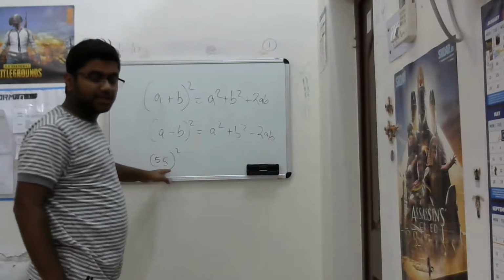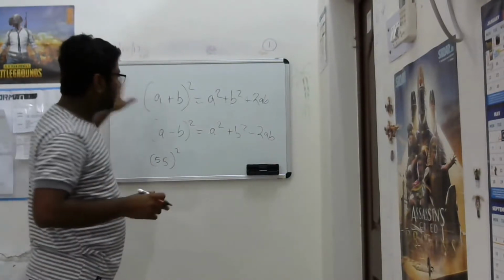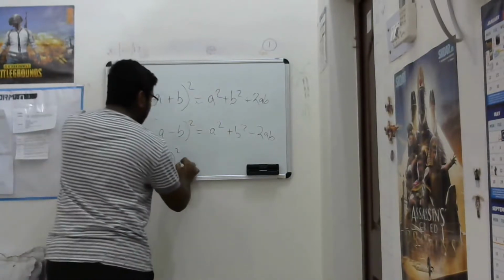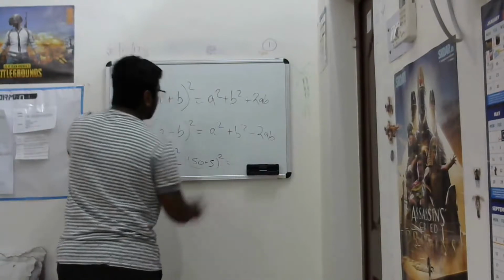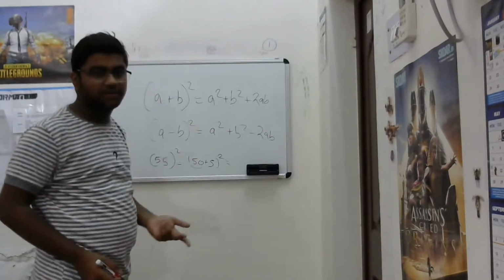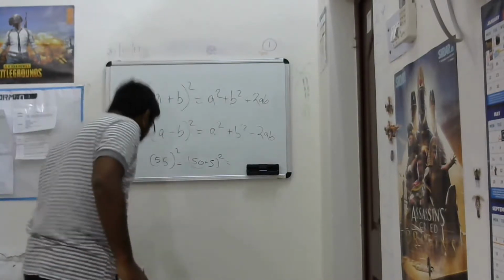This ends with 5. You can square it way more easily than these methods. But you can apply this method. You can write it as 50 plus 5 whole square and then apply this identity. You will get the same, that is 3025. So you can calculate these squares in your mind when you become fluent with these methods.